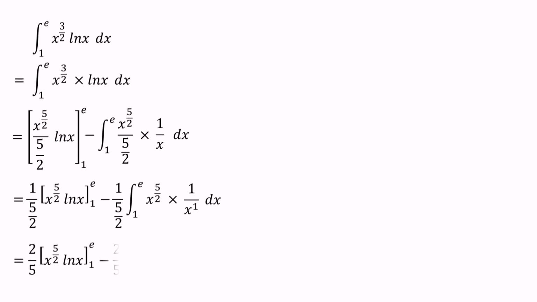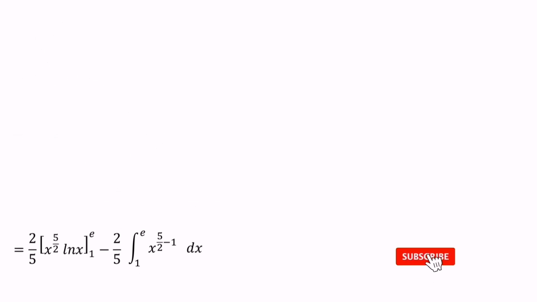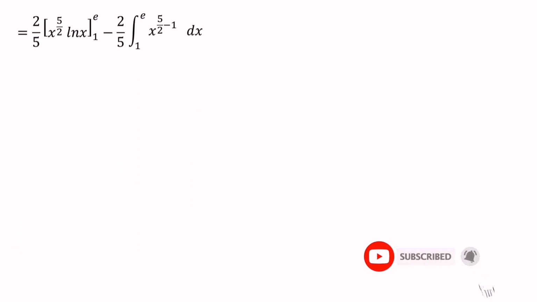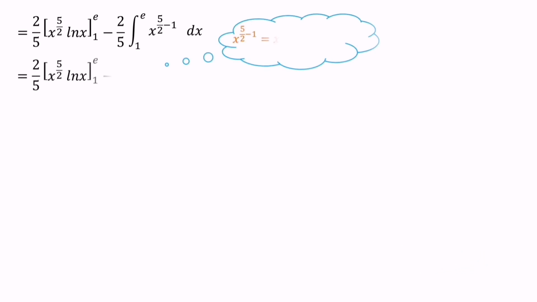X to the power of 5 over 2 times 1 over x to the power of 1 we can write as x to the power of 5 over 2 minus 1. X to the power of 5 over 2 minus 1 we can get as x to the power of 3 over 2.